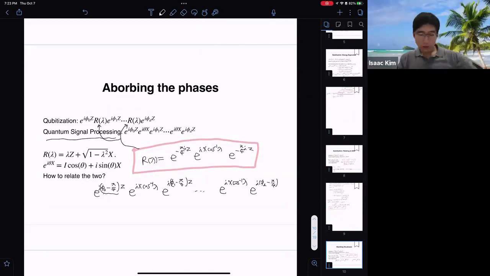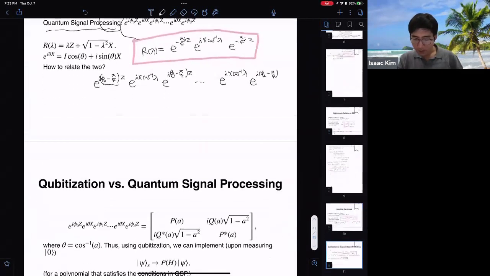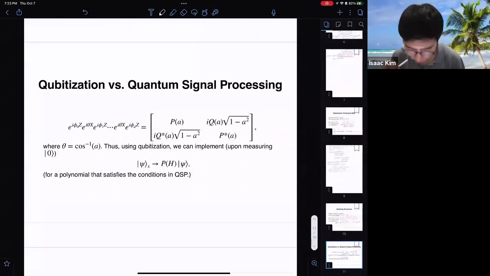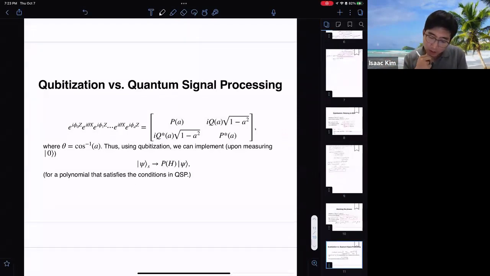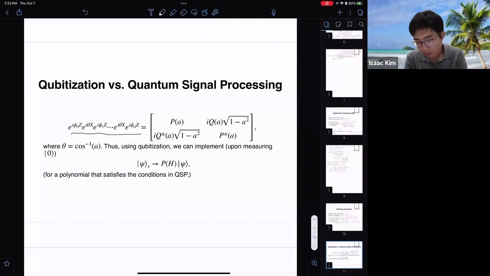Okay, so if there are no other questions, I'll just continue. Anyway, you can sort of guess where I'm trying to go. We already established this very nice fact: if you have a sequence of single qubit unitaries, the 2x2 matrix that you get will always be of this form.